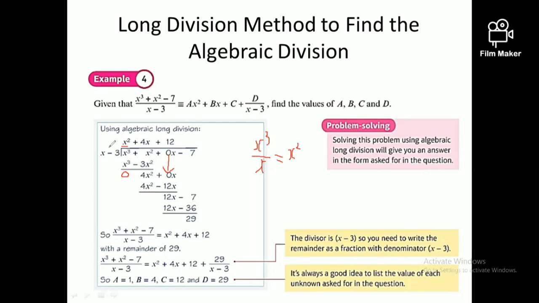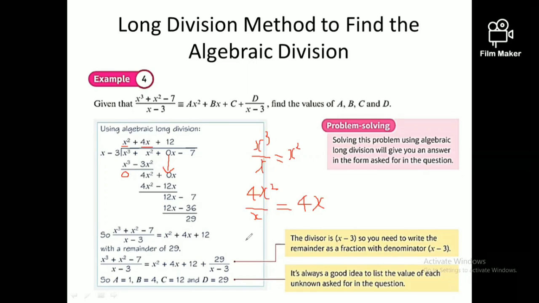Then see how many x terms are there for 4x squared. To see that, you can divide 4x squared by x. Then what do you get? You get the answer as 4x. Right, that is the term over here.